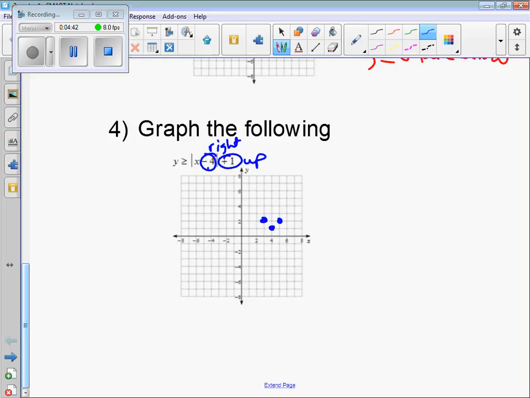Is it going to be solid or dashed? Hopefully you're saying solid. Why is it solid? Because it's equal to. Then we look at greater than or less than. In this case it happens to be greater than again, so we shade above. If it was less than, we would shade below the line.